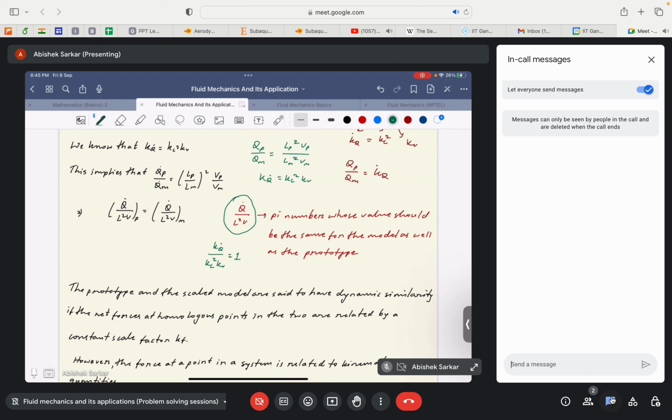It is quite obvious if you just compare the units, but this should be a non-dimensional pi number.